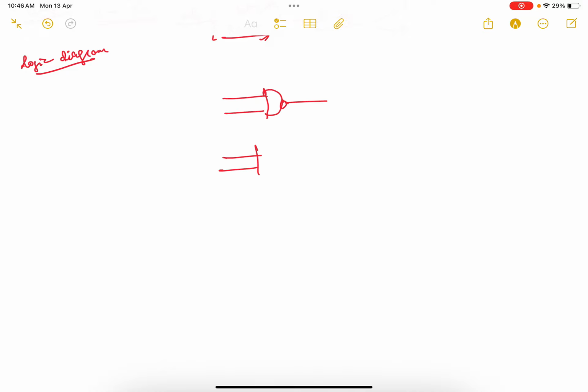This is a cross-coupled configuration, which means that Qn is connected as an input at this point, and here I have Qn bar, which is the input at this end. Here we are supposed to find the next state, that is Qn plus 1, and here it will be Qn plus 1 the whole bar.